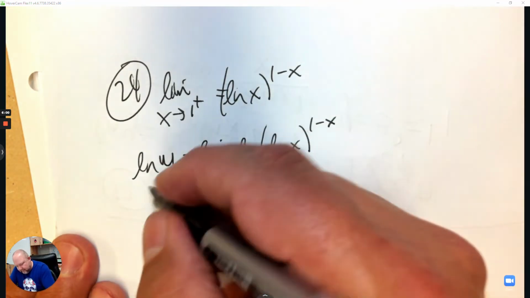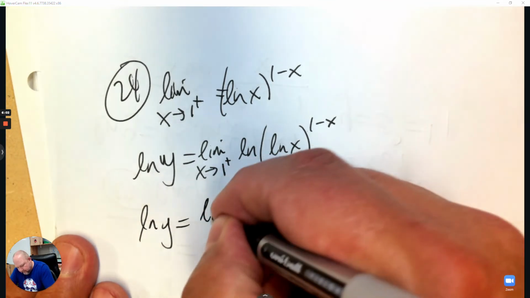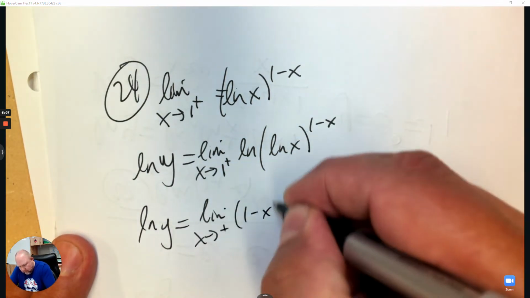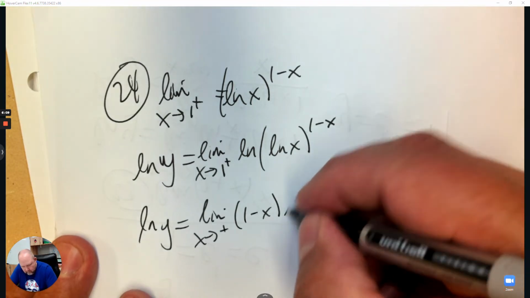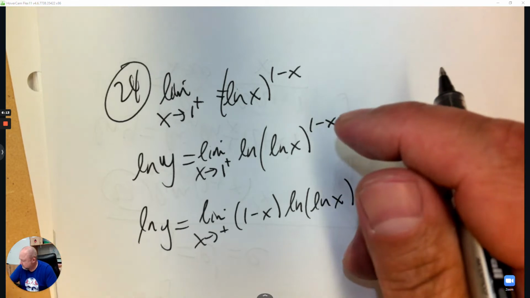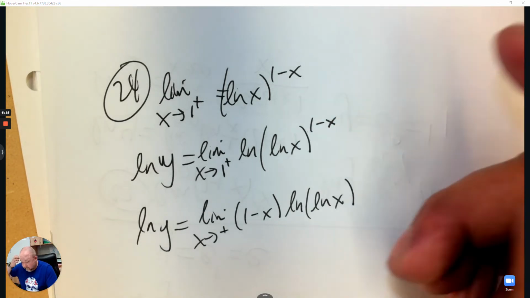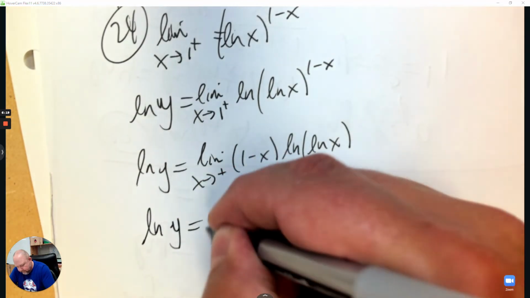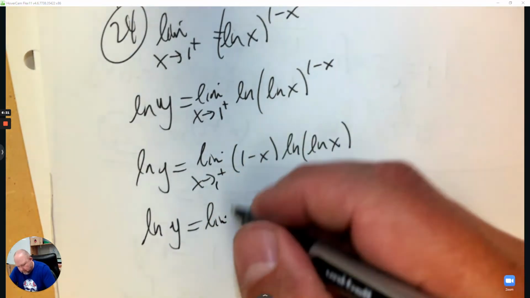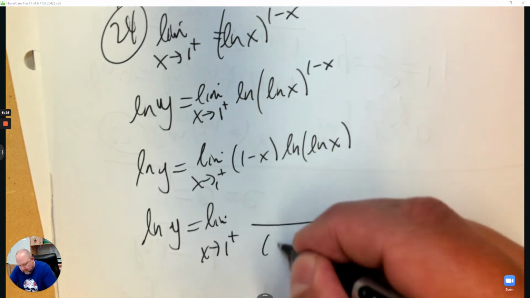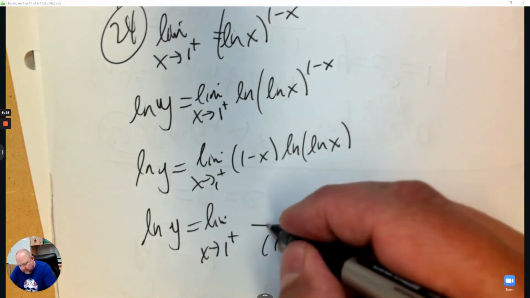Oh, put that in front. We need to create a quotient. So we're going to write 1 minus x to the negative 1 to create a quotient.